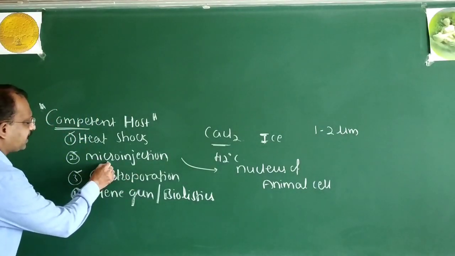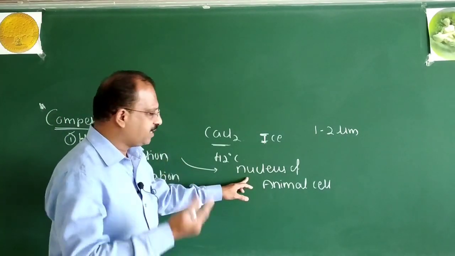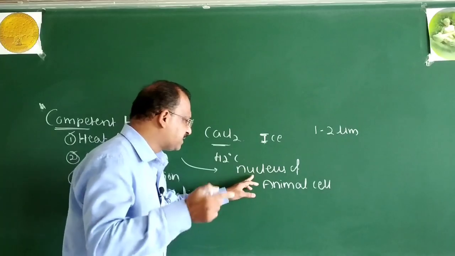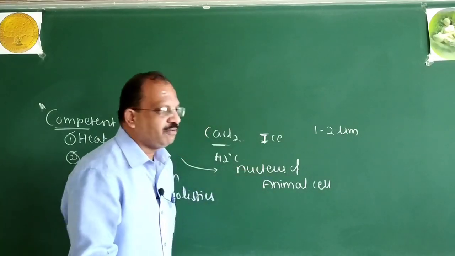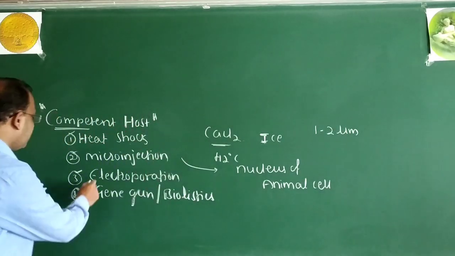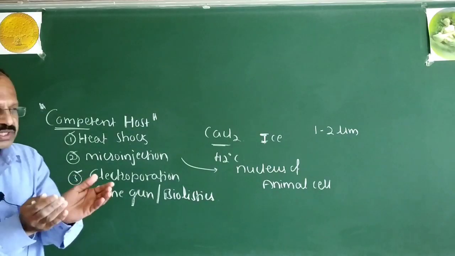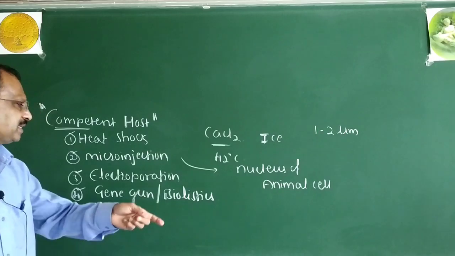So in microinjection, recombinant DNA or desired DNA or foreign DNA is directly introduced into the nucleus of an animal cell with the help of micropipettes or microsyringes. In electroporation, the cell is made porous by electric current.